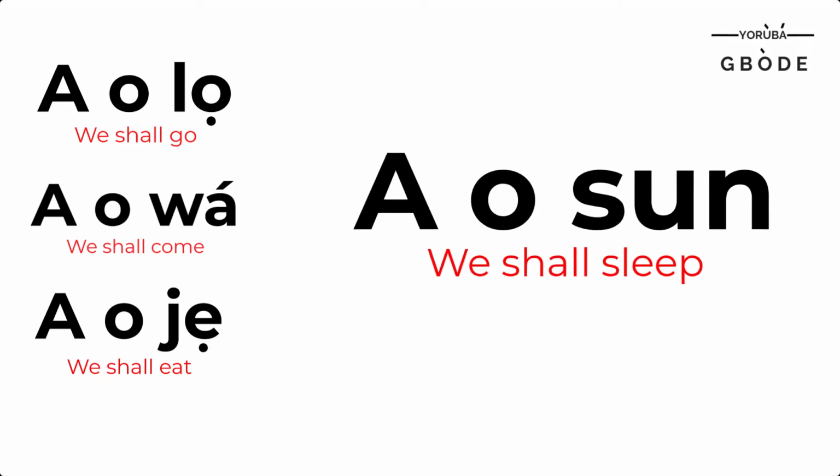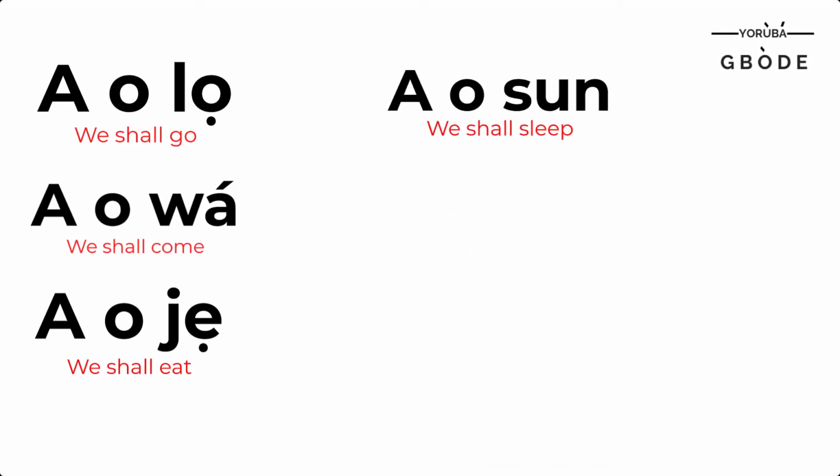Let's go over the three words we have discussed. A, O, Lo. We shall go. A, O, Wa. We shall come. A, O, Sun. We shall sleep. You can see that it's so easy to really understand how to speak or how to write Yoruba down.